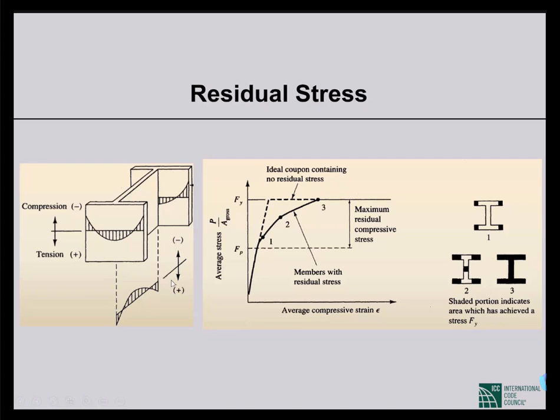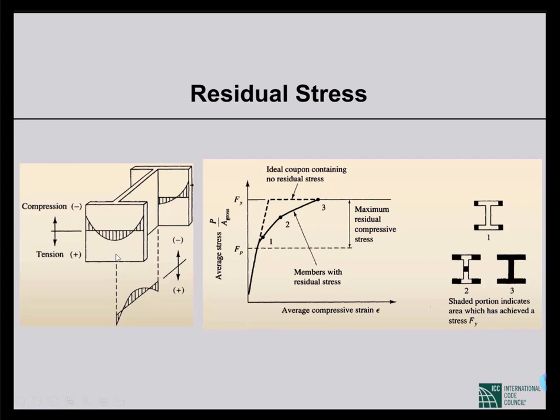This is because free edges, like the sides of the flanges or the middle of the web, cool down faster, and near the junctions, the joints between web and flange, it cools slower.